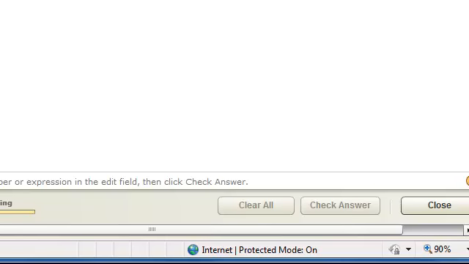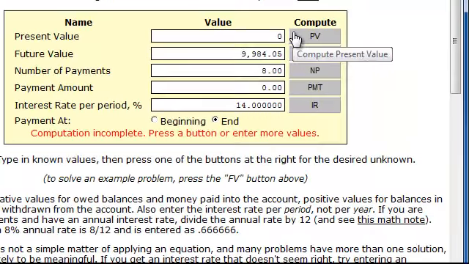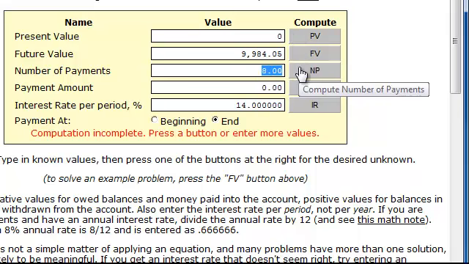So over in our calculator, the present value today is 0, because there's nothing in the account today. They are going to make 13-period payments, and the payment amount is minus $4,200. This is an annual payment. It's put in as a minus because it's a cash outflow.